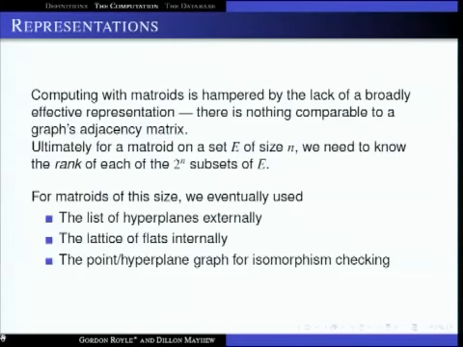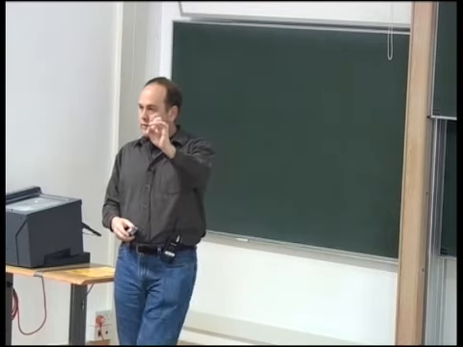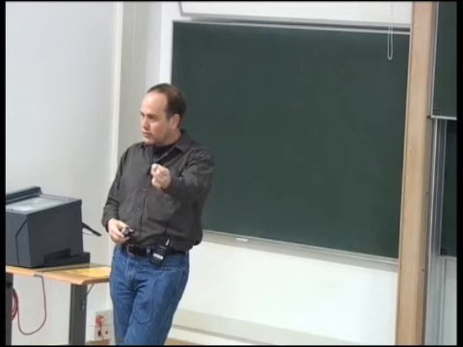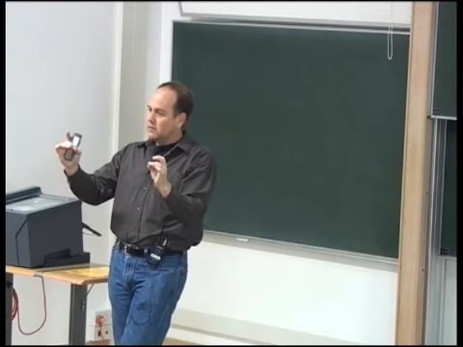What we actually used was the list of hyperplanes. That's flats of the maximal rank minus 1. And internally, for programming, we use the lattice of flats, which I'll explain in a second. And for isomorphism checking, we use the point-hyperplane graph. So we made a graph with vertices being the points of the matroid and the hyperplanes of the matroid.